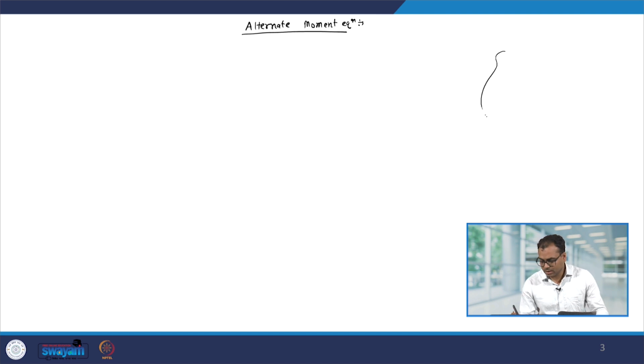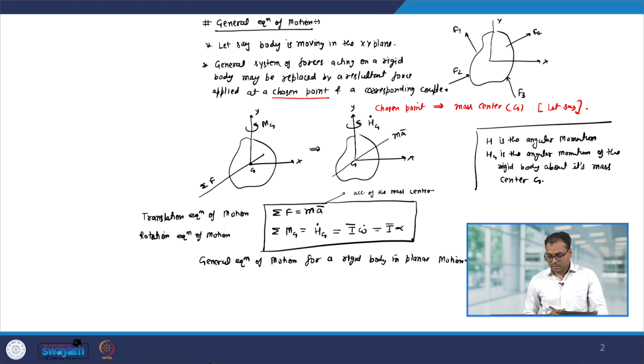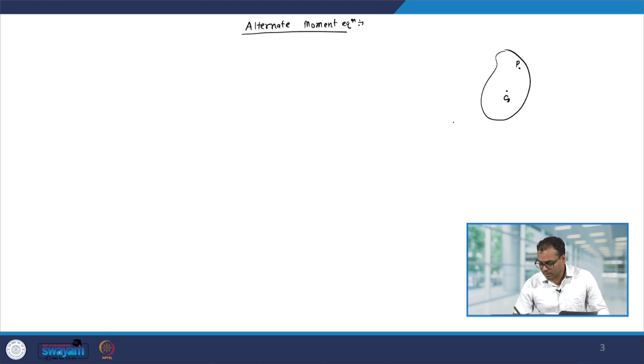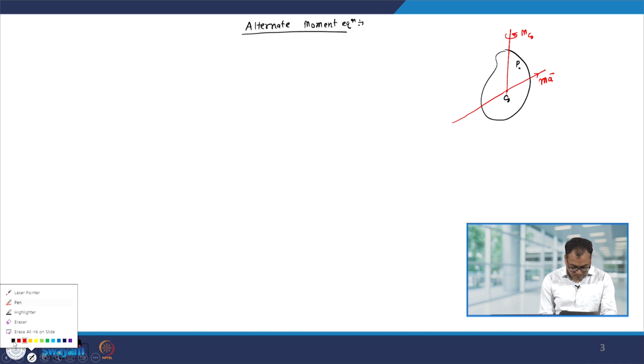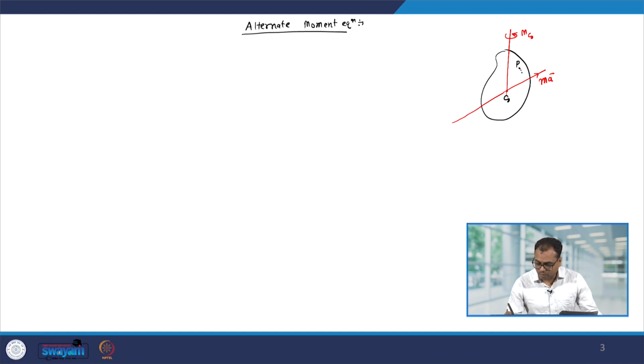So, we have this rigid body. Earlier we have taken G, now let us take point P. In the previous case we saw that the equation of motion was summation F equal to ma, and then there was the moment about the mass center, MG. Now, let us say this point P is situated at a perpendicular distance of d from the line of action of ma.